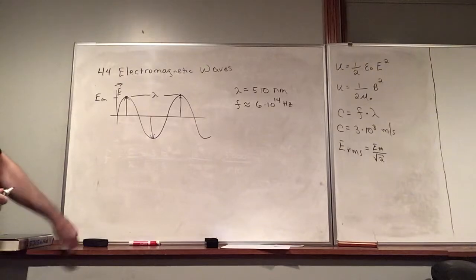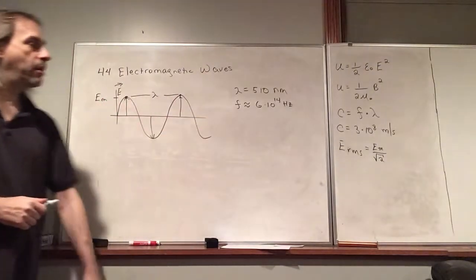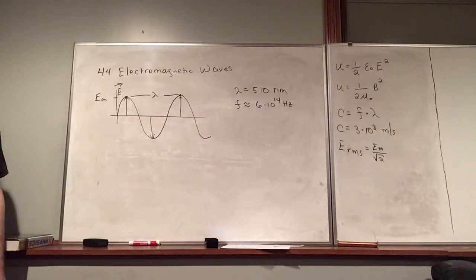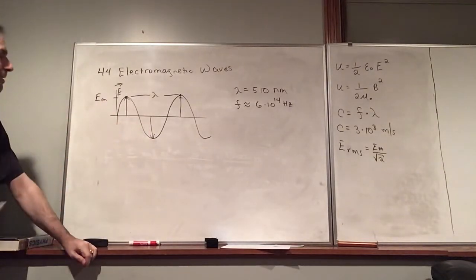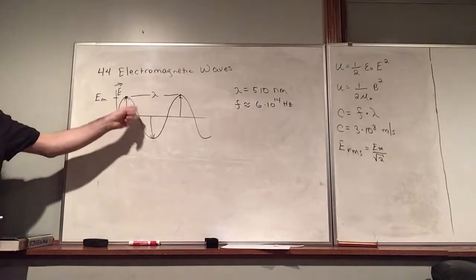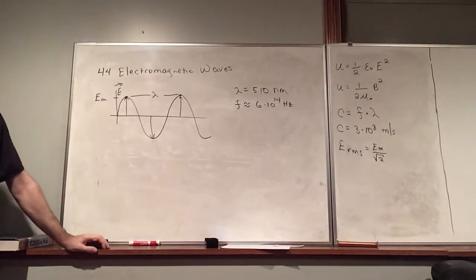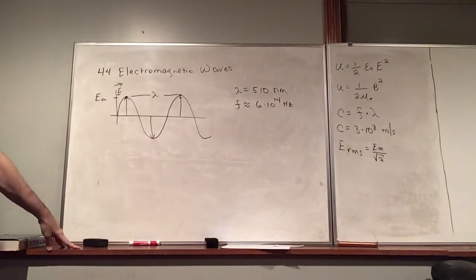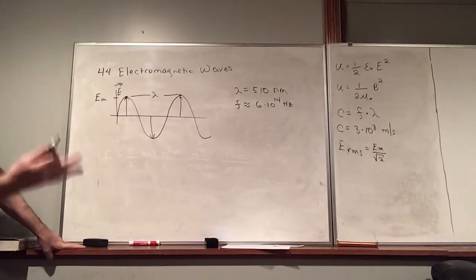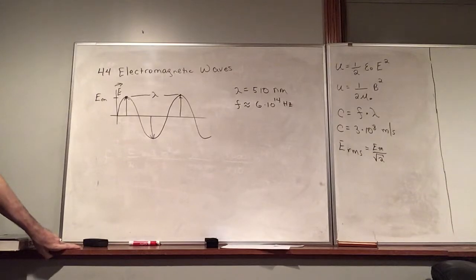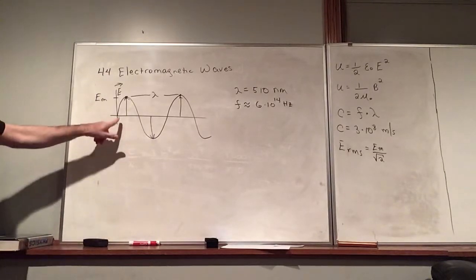If you take the average value of the electric field, you're going to get 0 because it's a perfectly symmetric function. We're describing this as a sine wave, so the average value is 0. We've done the RMS enough that we can just say this is how we take averages: we square it, take the average, and then the square root.